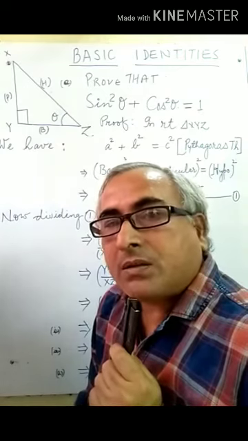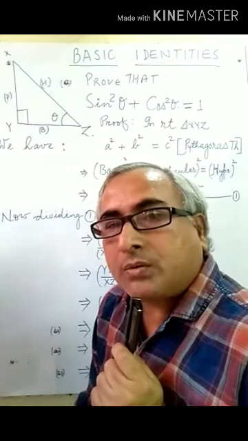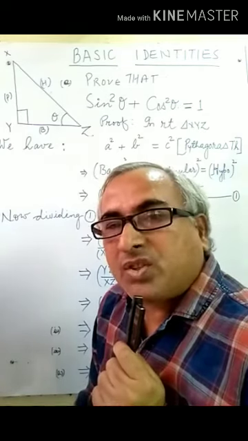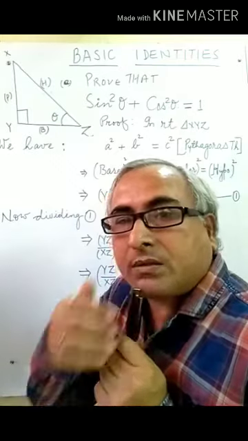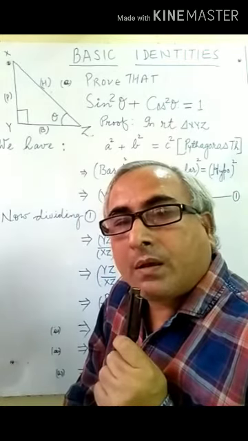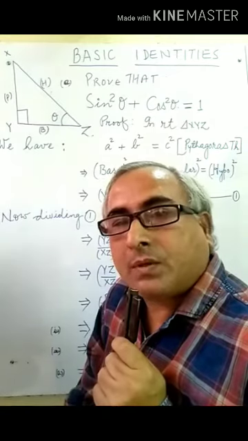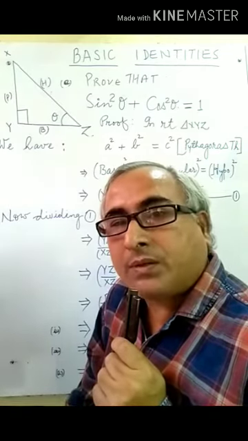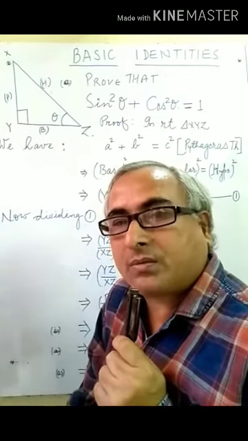Now it is not the ultimate. Now we have to study the basic identities, which are very essential for our studies. These are helpful in proving different identities and different problems.